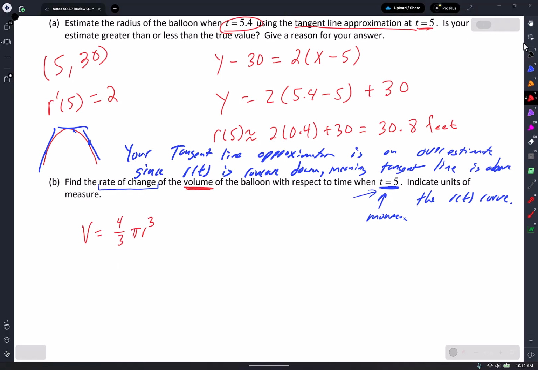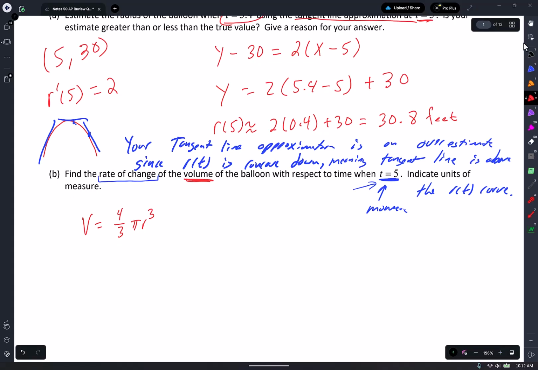If they were to tell you something like, find the average rate of change between t equals 0 and t equals 5, that's not a derivative, that's V5 minus V0 over 5. But this wants it at a moment, at t equals 5.